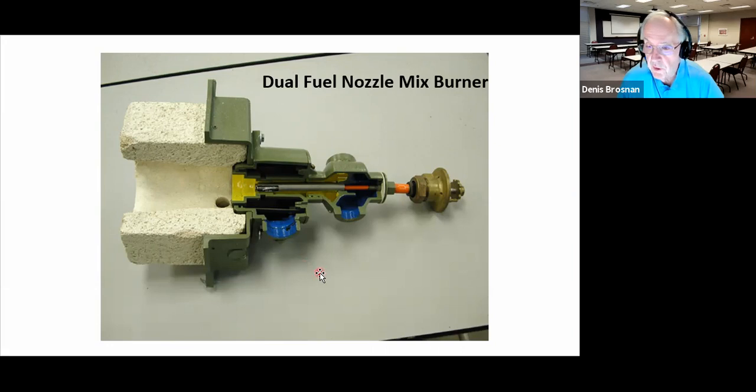Now, this happens to be a dual fuel burner, so therefore an orange color is the color used on piping for oil. And there's a little shroud here in the oil chamber because oil has to be vaporized, changed from a liquid to a vapor as it passes into the burner.